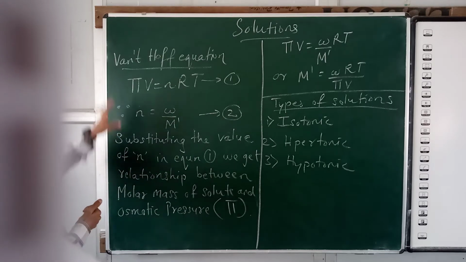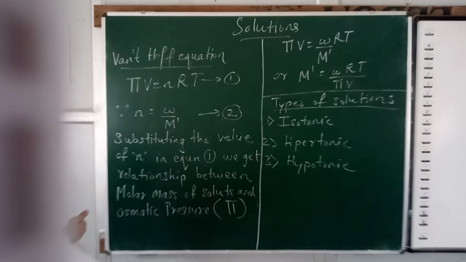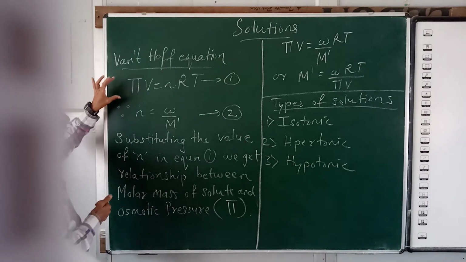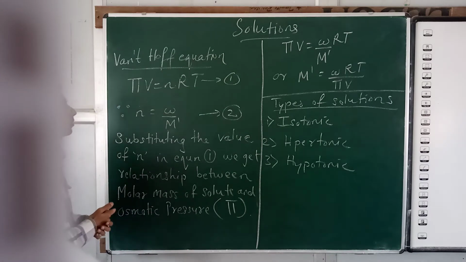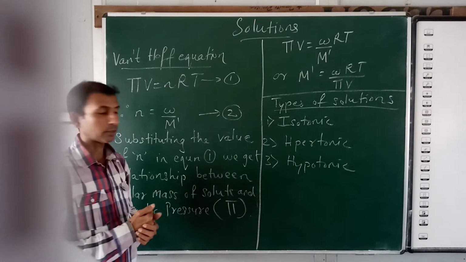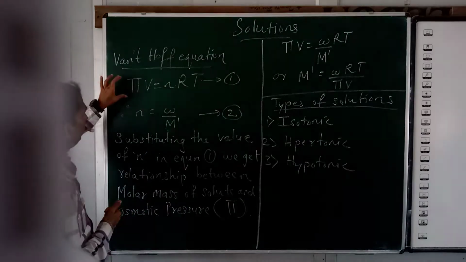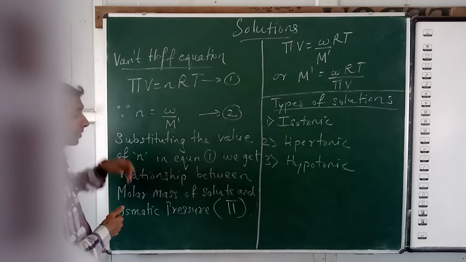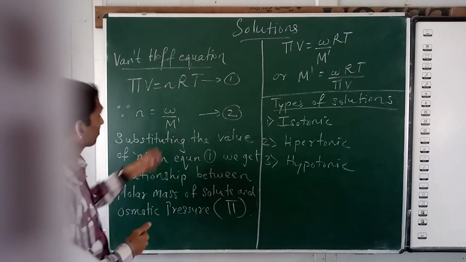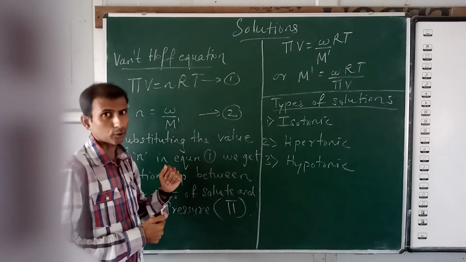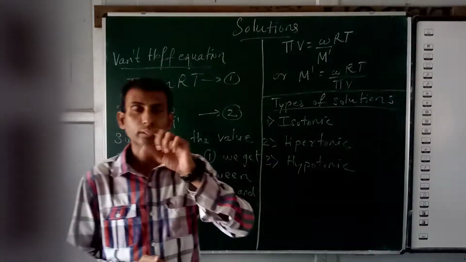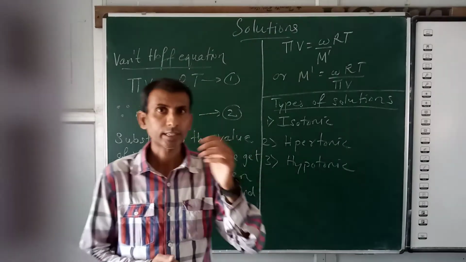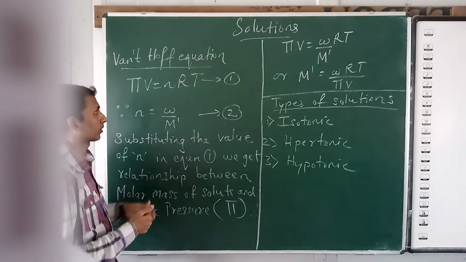We have also seen various laws given by Van 't Hoff, and finally we derived the Van 't Hoff equation. So let us continue with the next part. We have the Van 't Hoff equation here, pi V is equal to nRT, where pi stands for osmotic pressure, V is the volume of the solution, n means number of moles, R means gas constant and T means absolute temperature.